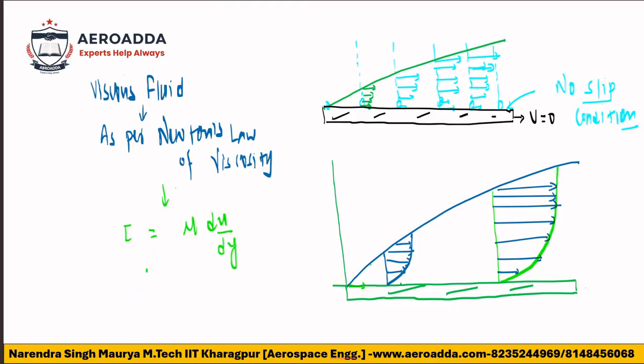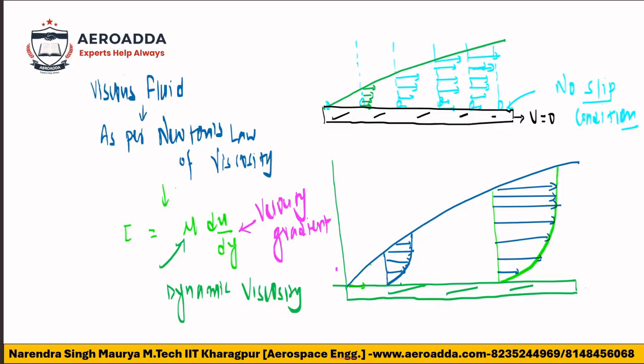When the fluid is viscous, this mu is the dynamic viscosity. What is this du by dy? This du by dy is nothing but the velocity gradient. Velocity gradient in which direction? In the upward direction.